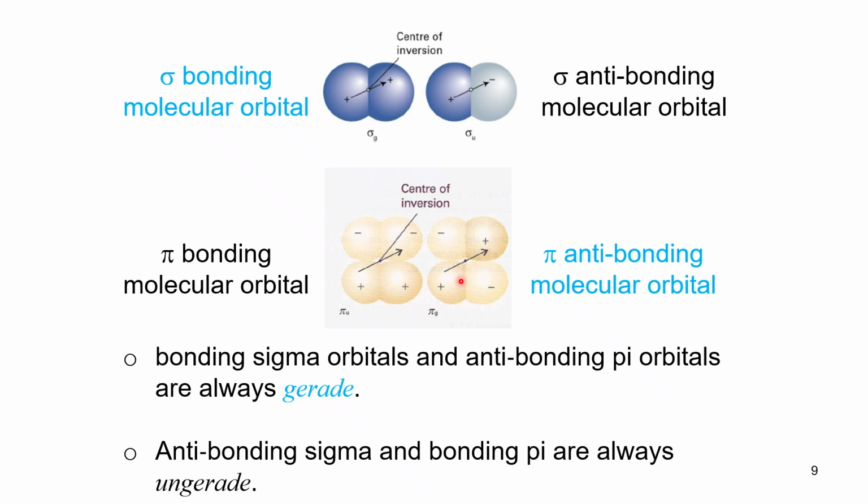So pi antibonding has the parity of symmetry, or gerade. Therefore, in summary, bonding sigma orbitals and antibonding pi orbitals are always symmetric under inversion, while the antibonding sigma and the bonding pi molecular orbitals are always ungerade, or antisymmetric, after the inversion.